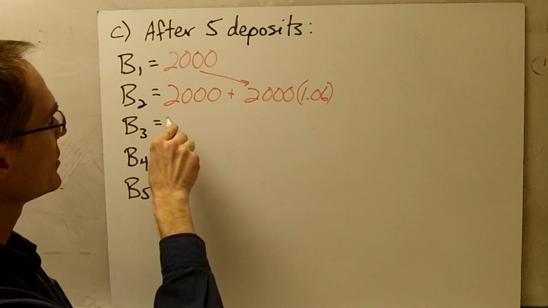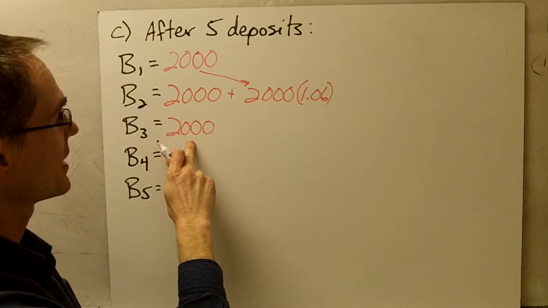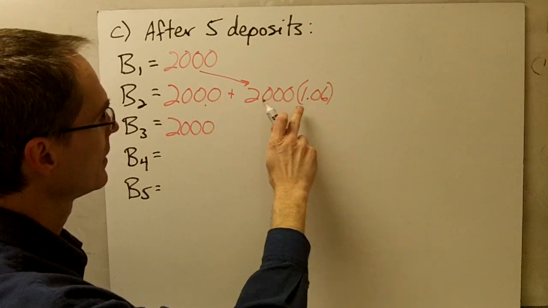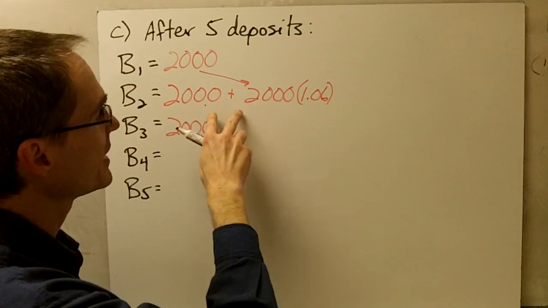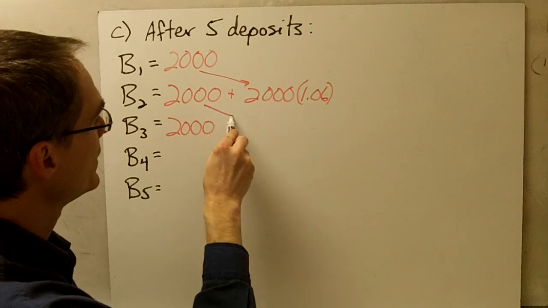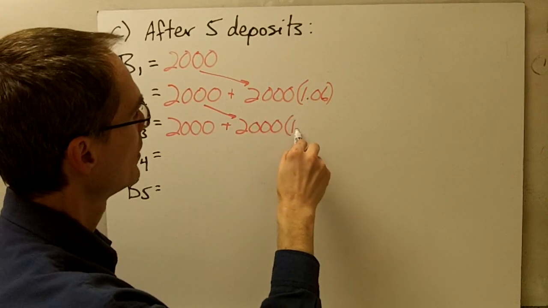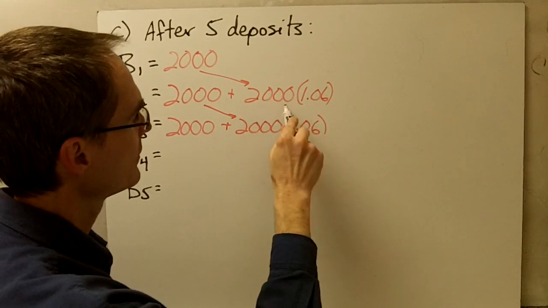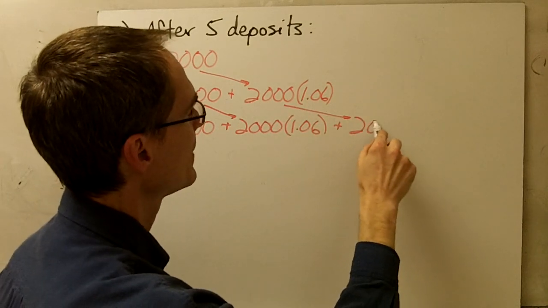At the beginning of my third year, I'm going to have my third deposit of $2,000 plus I'm going to have all of this money times 1.06. That is, I'm going to have all of this money along with the interest that it generated. So this amount of money is going to increase by 6%, and this amount of money is also going to increase by 6%.